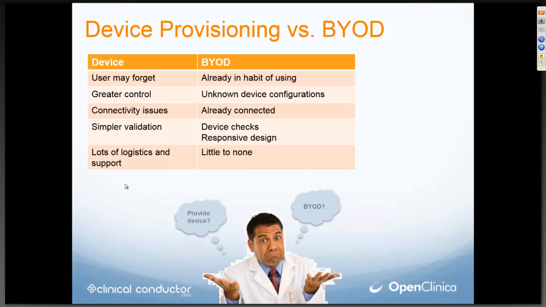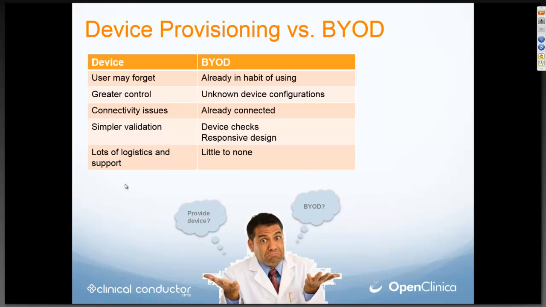But then in a BYOD setting, you're going to have potentially an unlimited set of potential device configurations, some of which it will be impossible to know in advance. One thing that you can do in a BYOD setting is the system could potentially block certain types of devices that are clearly not suitable for the trial. So you can allow it to be BYOD, but only within a certain range of types of devices.